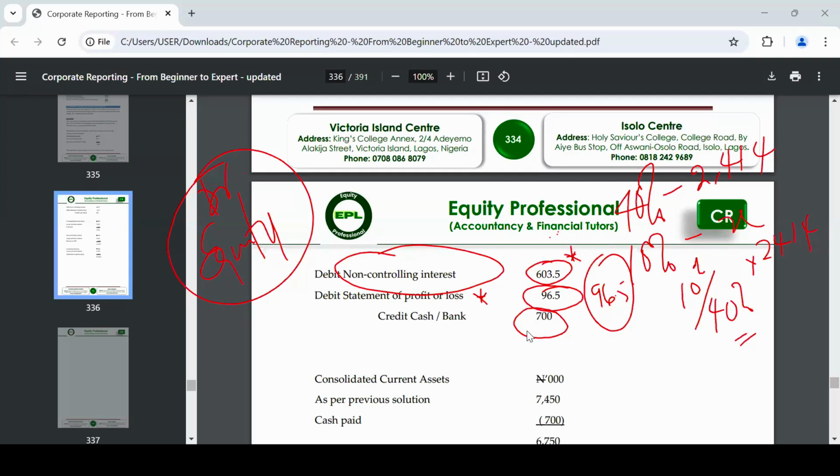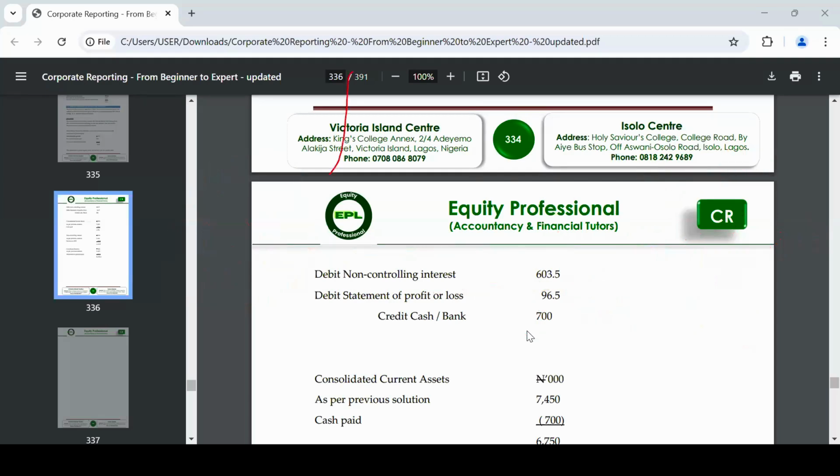You bought 10% of NCI, all right? Now that 10%, when we calculated it, it was equivalent to this. But what you paid was higher than it. That will be treated as a loss on that transaction, and you will take that to your SOP or your consolidated SOP.